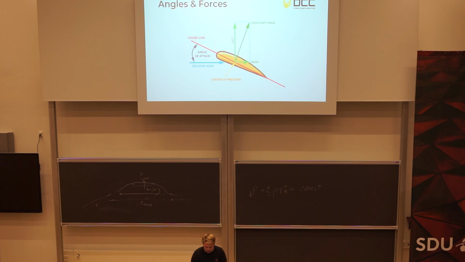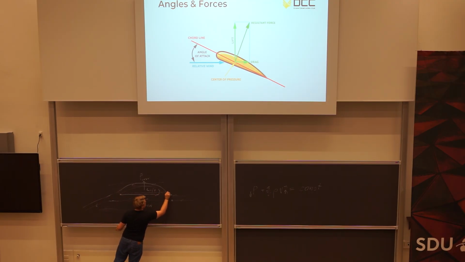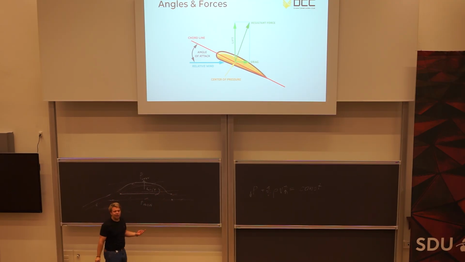Now let's go and talk about the forces and the angles and the names that we use quite a lot. So as you can see, if you draw a straight line from the leading edge to the trailing edge, that's called a chord line.